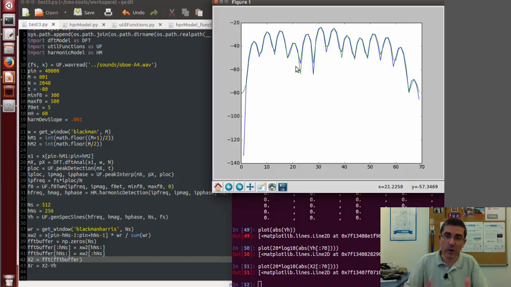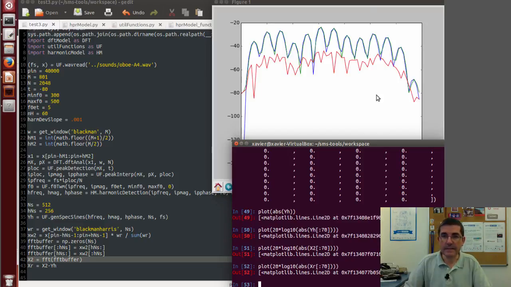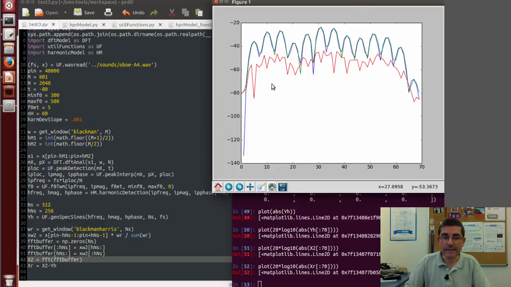So that means that we have very much synthesized the original spectrum. And then we can plot the subtracted spectrum. The subtracted is the XR spectrum, and this is the red line. Okay, so the red line is the subtraction of the two, and it clearly shows the residual that we have.